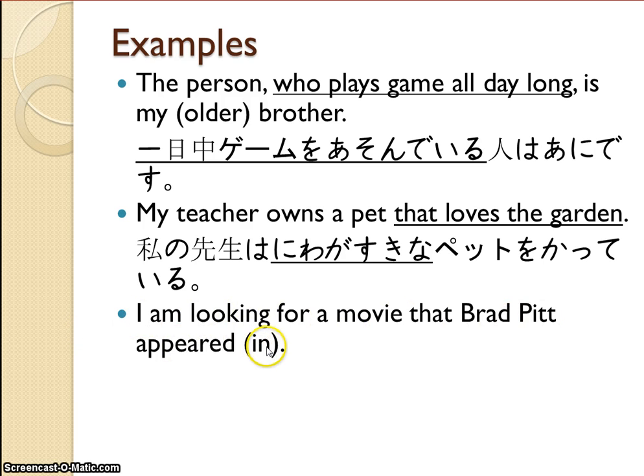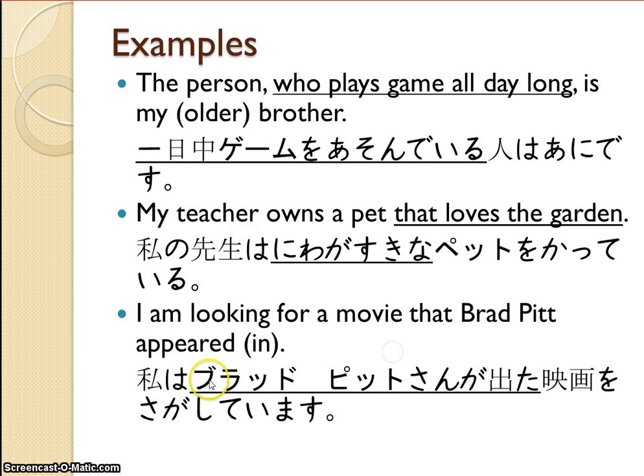I put it in parentheses because the word appeared implies that you're appearing in something. If you took out the modifier, it would look like I am looking for a movie. So 私はブラッド・ピットさんが出た映画を探しています.